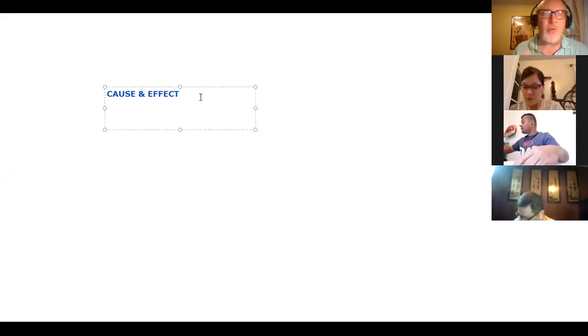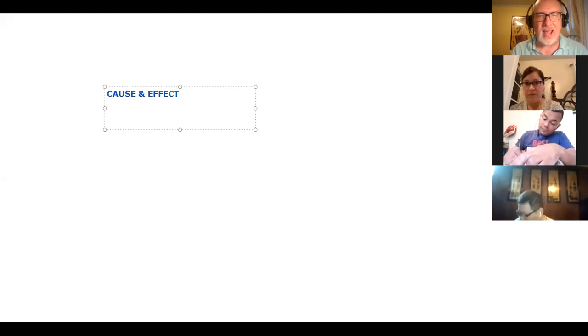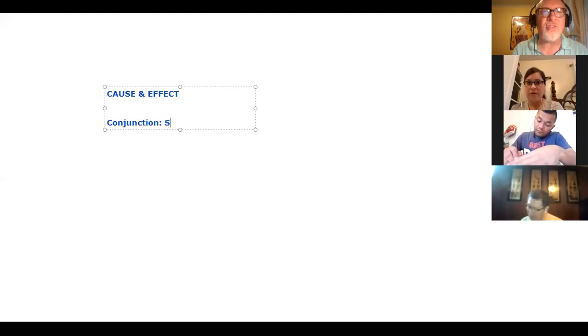Now remember, when we talked about this way back when, we discussed there's 4 different types of connecting that we can do. We can use a conjunction. And the conjunction for cause and effect is so. Right.